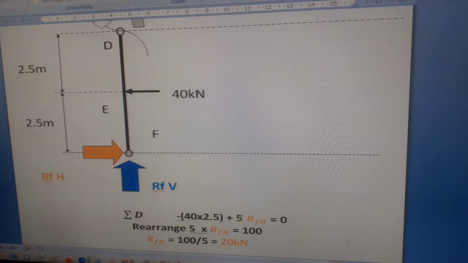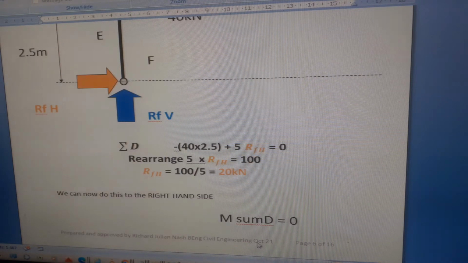So minus 40 times 2.5 plus 5 times RFH equals 0. If we rearrange this, we get 5 RFH equals 100. Therefore RFH equals 100 divided by 5 equals 20 kilonewtons.